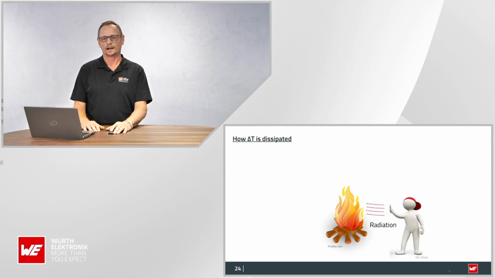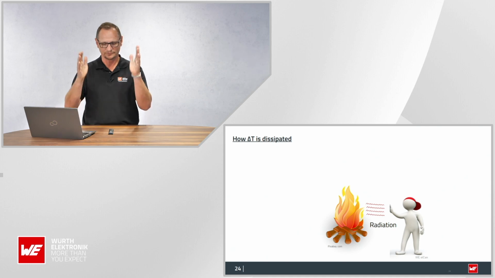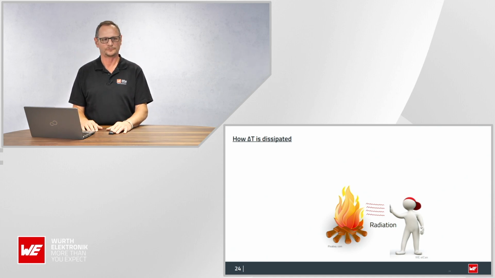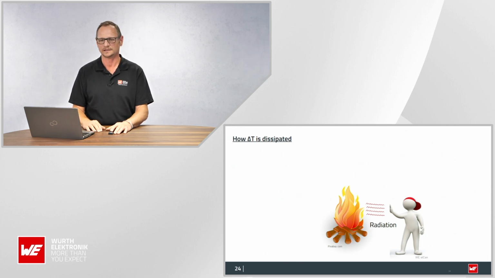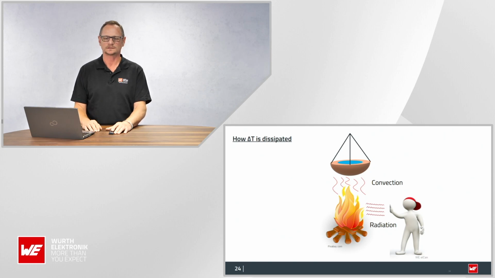So how is heat dissipated? Of course, on a fireplace, you sit there on a frosty night, turning your face to the fireplace, and you're hot in the face and your back is cold, then you have to turn around. What you feel is the radiation. Then we have the convection. Everybody knows that heated air goes up. It becomes lighter.